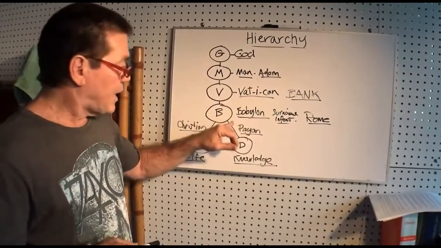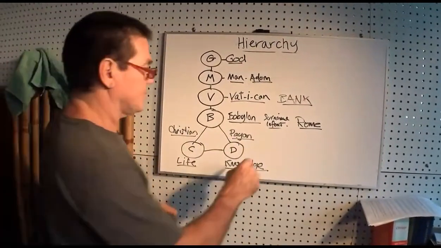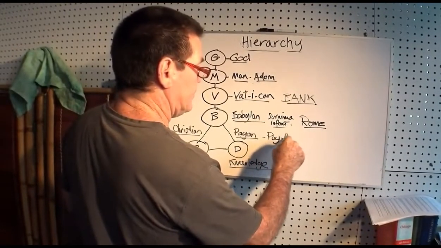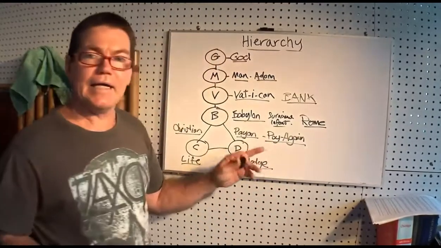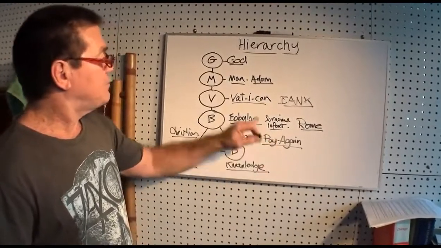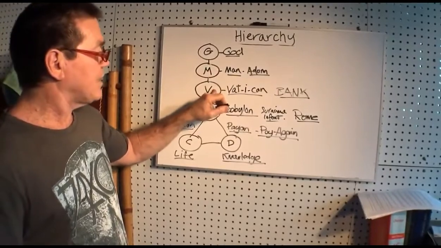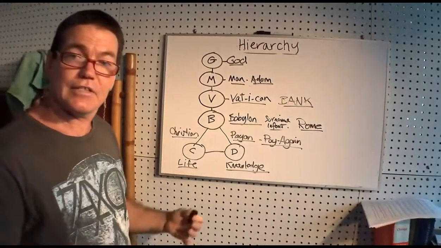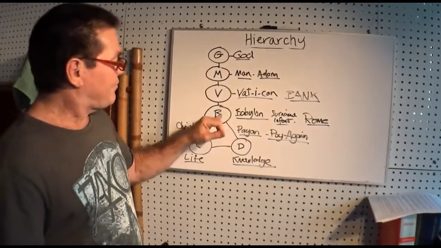So how does it get you to hold the pagan account, which really means the pay again account? Pagan, pay again. So why this is paying again is because man's already paid. His debts are paid by the Vatican. But the Vatican are going to get man to pay the debts again for the second time.